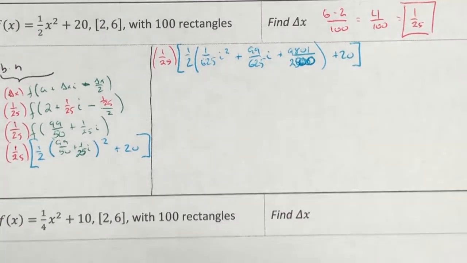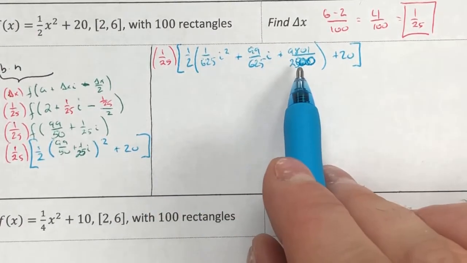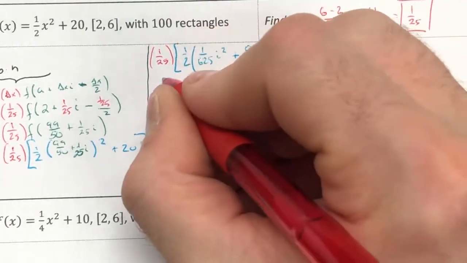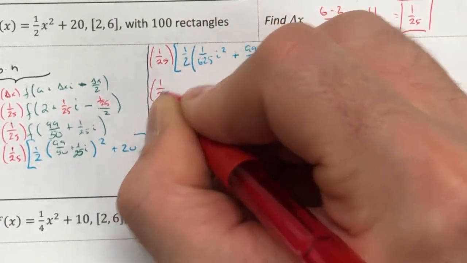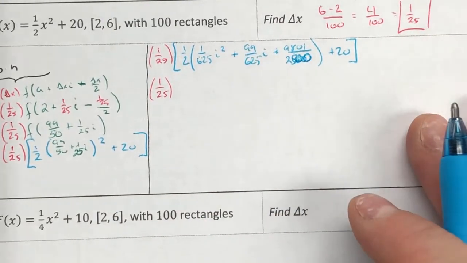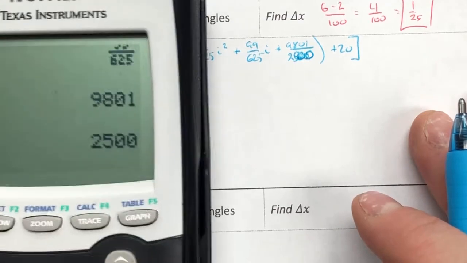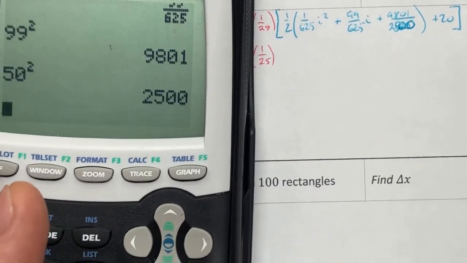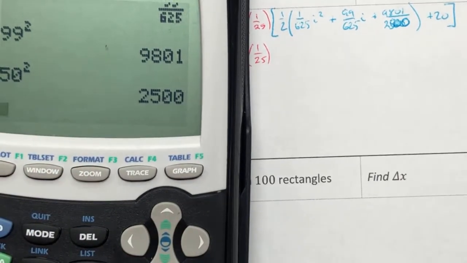Oh, this is going to be fun. So I'm going to take half of all of this. Half of 625. Let's see, what is 625 times 2? Let's get this into focus, because we're going to be using this a lot.